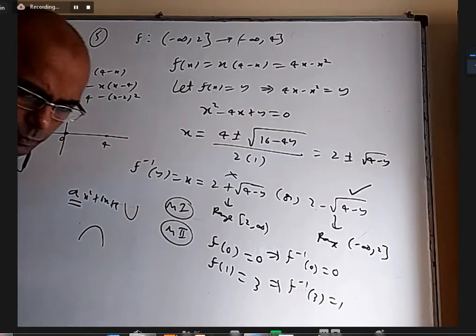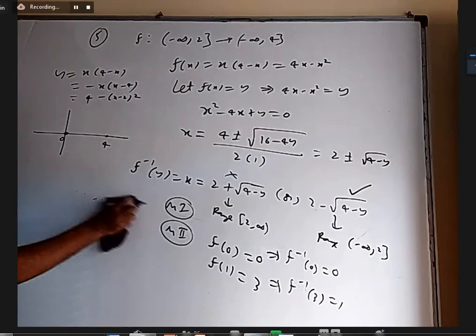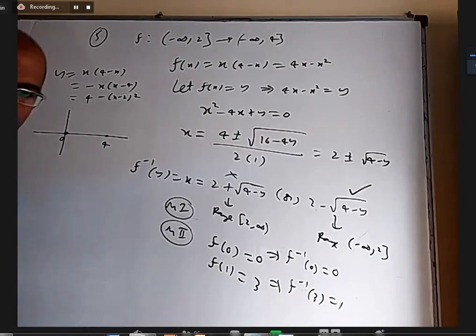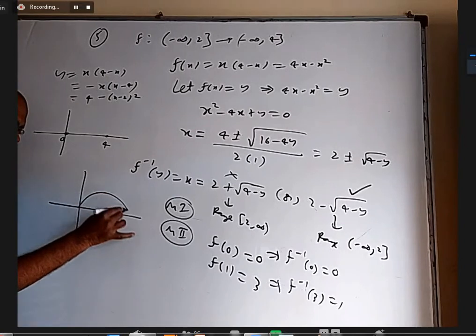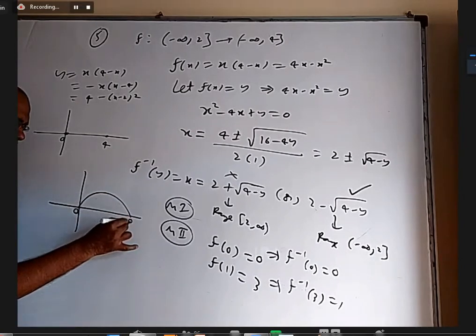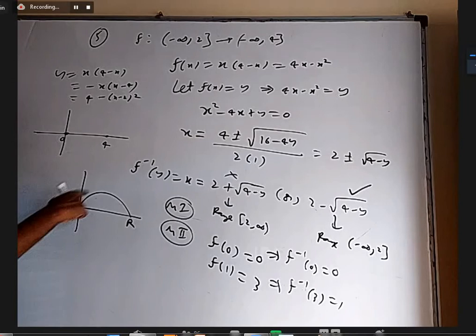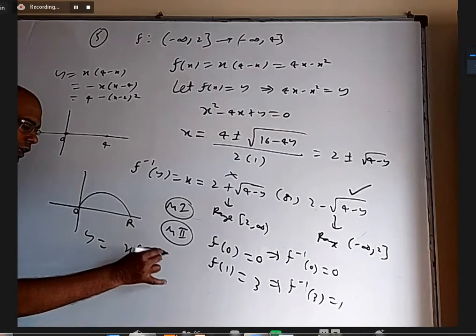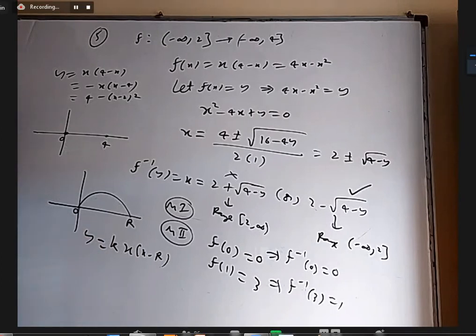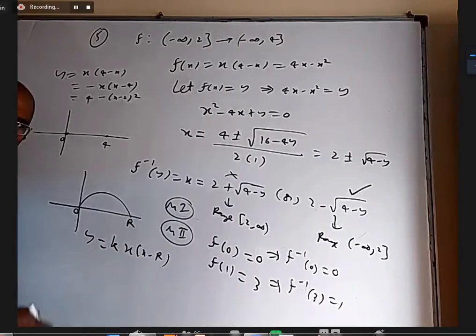I'm sure even in projectiles you do this. If the path of a projectile is this, and this is 0, and this is R, the range, the equation of this is y equals x into x minus R, into some constant. Am I right or wrong? Yes, sir. I'm sure you might have done some questions using this kind of formula also, right?